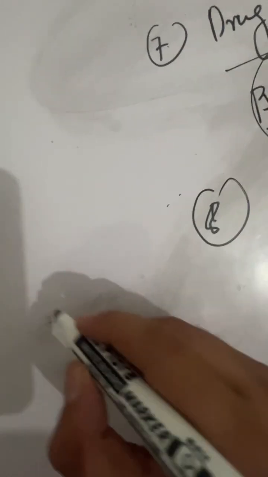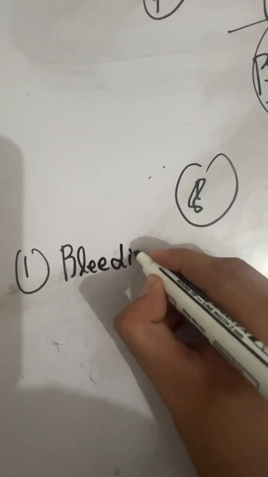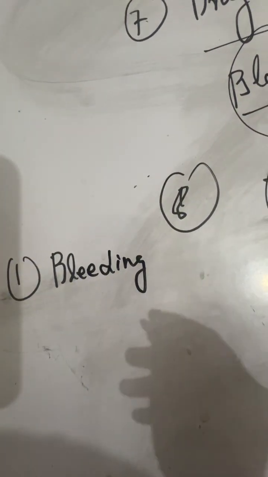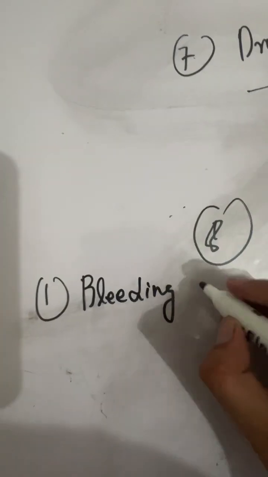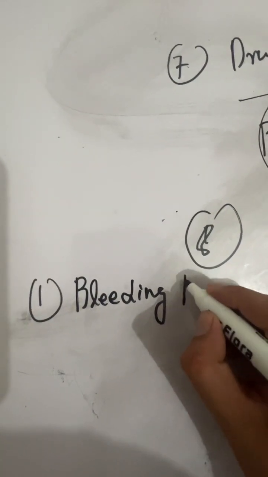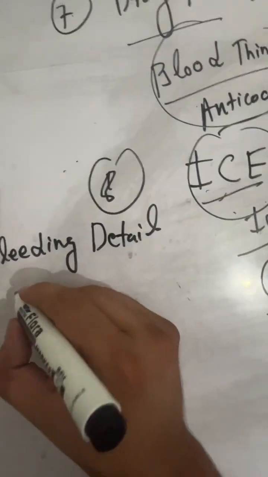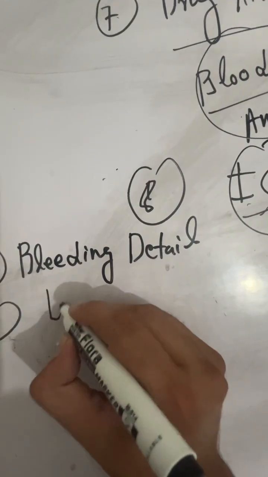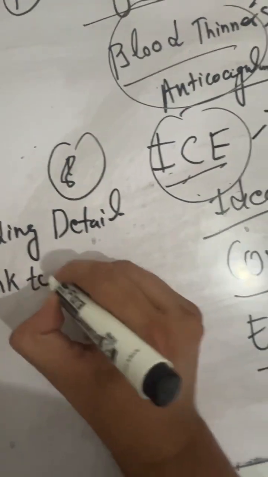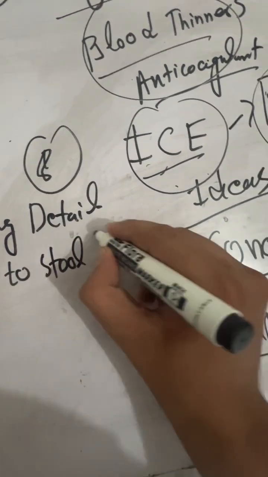So let's summarize what we have been through. In the history taking station, first we will ask about bleeding details: the onset of bleeding per rectum, the color of the bleed, and the amount of bleed. Then we will ask about its link to stool and pain.